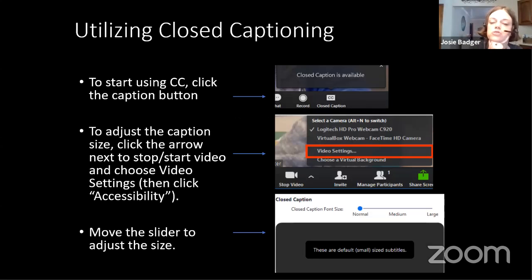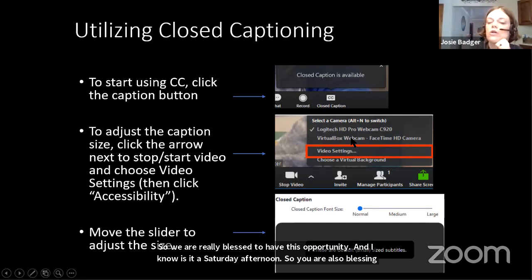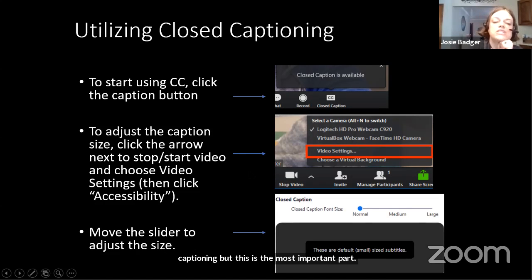So the first piece I want to go over is Zoom 101. I'm showing you slides that you also should have gotten a little bit of information about in the handout. If you're using captioning, this is the most important part. If you need to use captioning, you can either click on CC or More, and you'll see the CC button.